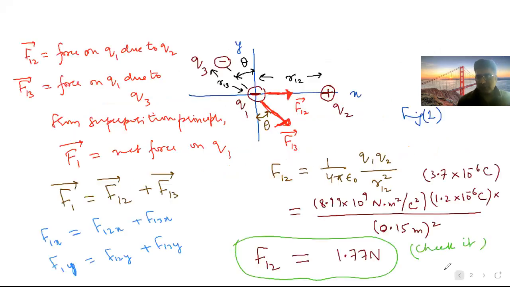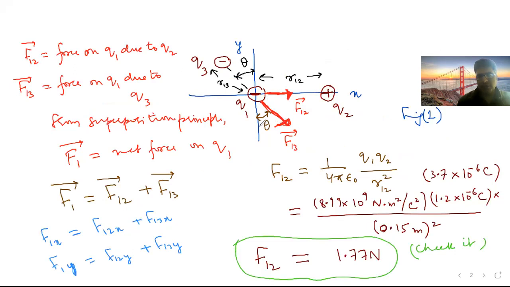Let us go to the figure. This is the figure. Since F12 vector is parallel to x-axis, it has no y component or z component. It is having simply x component. Its full magnitude is its x component. But F13 we have to resolve. When you resolve F13, it is making angle theta with y-axis.